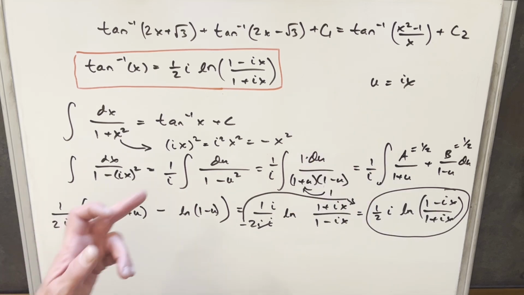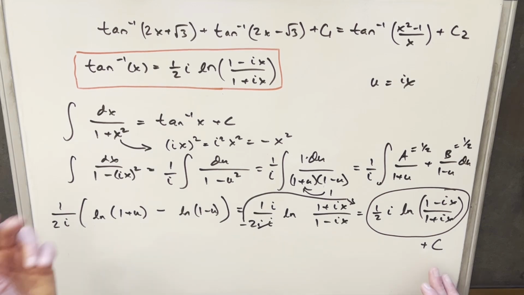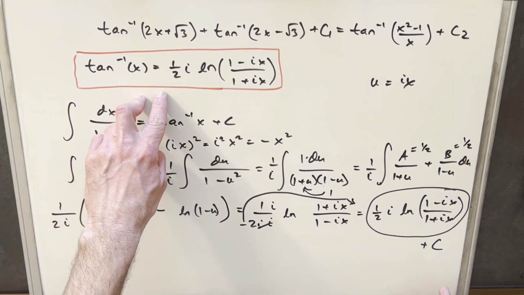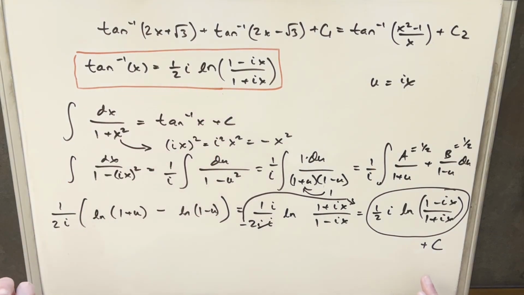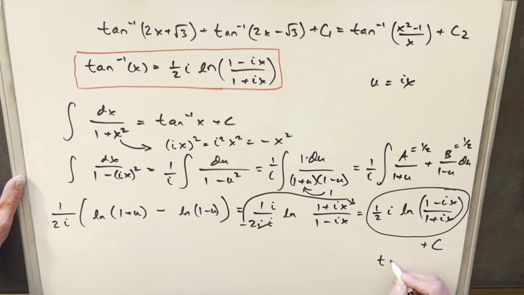Now the one question you might have is, okay, what about this plus c? So I should have this plus c here. Up here I'm saying they're equal. I don't have a plus c here, but I have a plus c here. Well, what you could do is plug in an easy value, like 0. If we're equating arctan plus c here, these can be different c values, right? If you plug a 0 in here, this is 0.